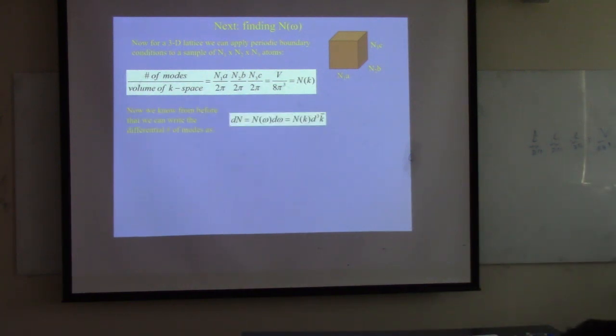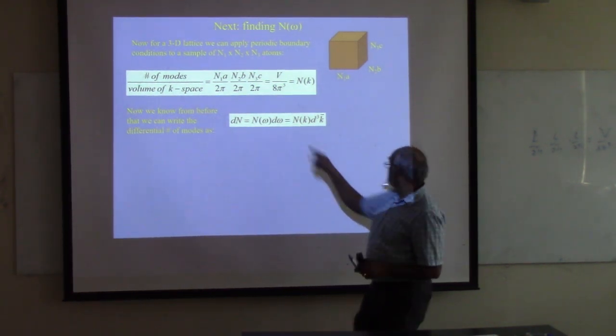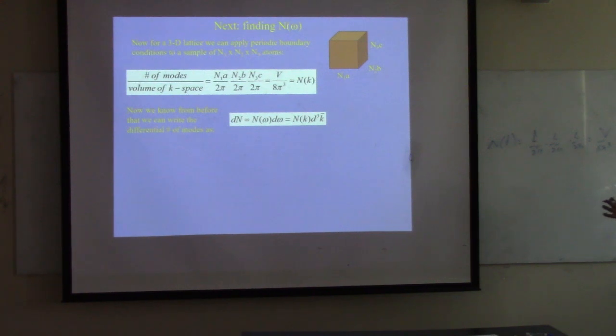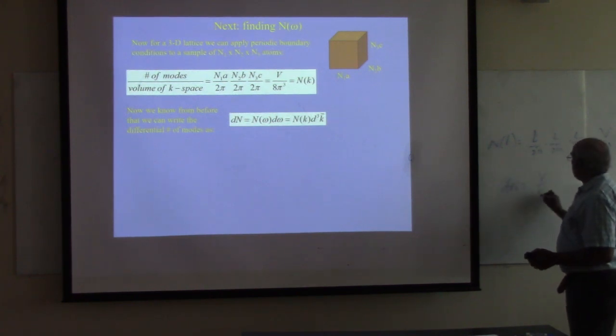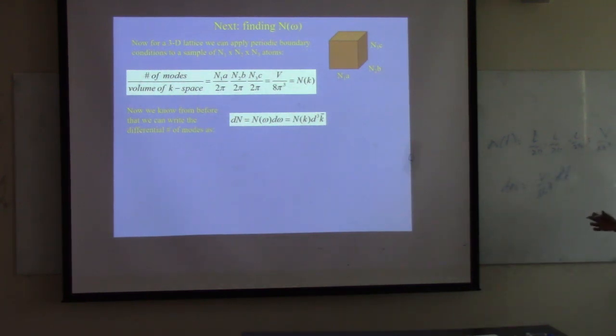Now we know nk, which is the number of modes per unit delta K. So I can write dn as V over 8 pi cubed times d cubed K. If it is 2 dimensions, dn equals A over 4 pi squared times d squared K. If it is a 1 dimensional case, it is L over 2 pi times just dk.